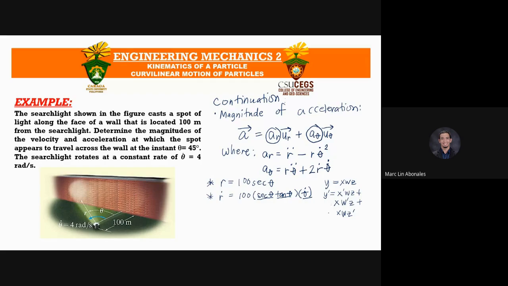Pero like what I mentioned, pwede ninyo magamit ni if it is two or three or more variables na. Actually, the same gihapon siya sa u dv plus v du. Say x z prime plus z x prime.